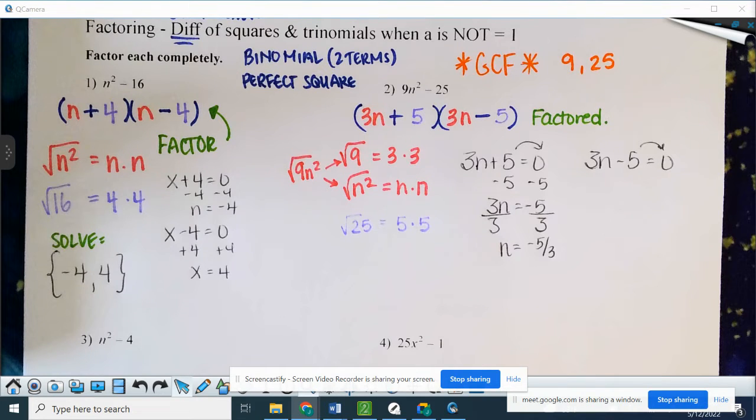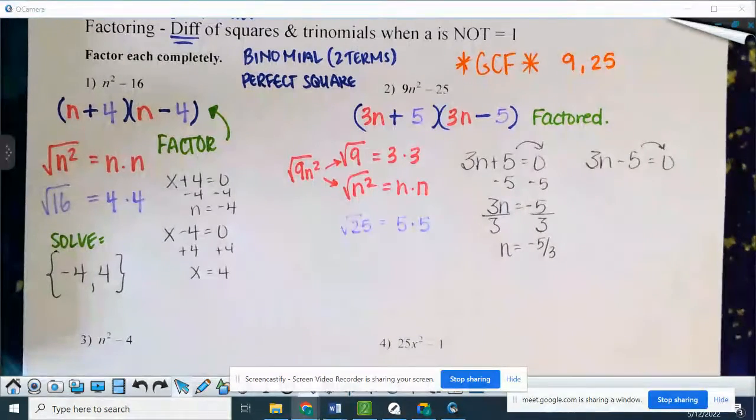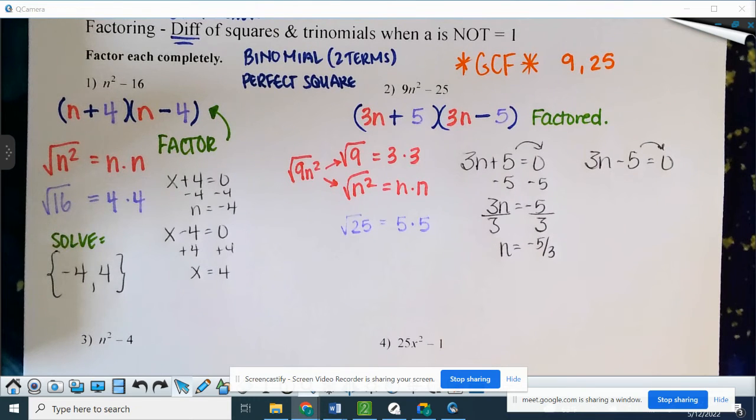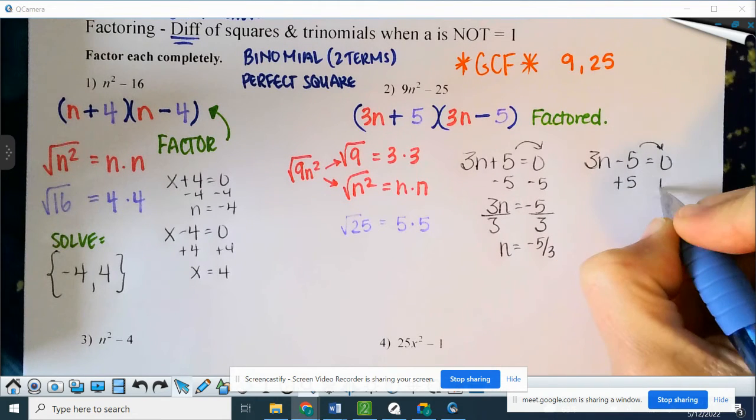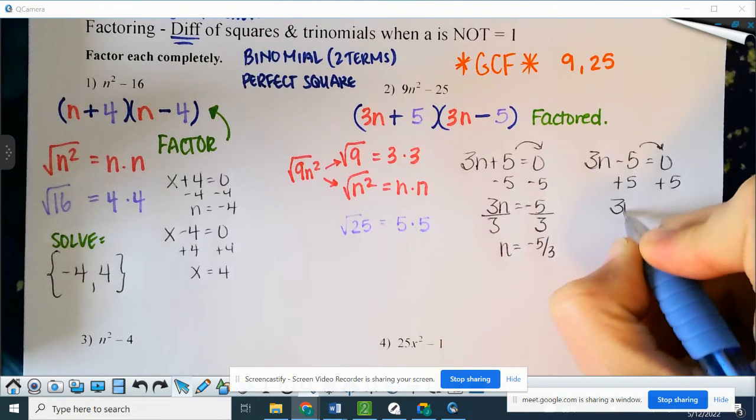Emma Taylor, anybody tell me? How do I move the 5 to the right-hand side of the equal marks? Thank you. You are the bomb. I appreciate that, Emma. So plus 5, so 3n equals 5.